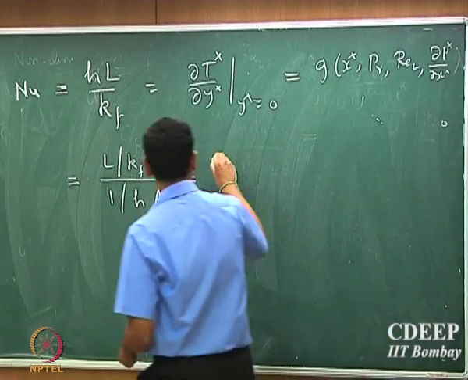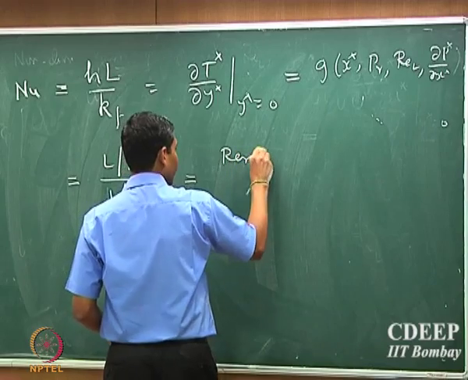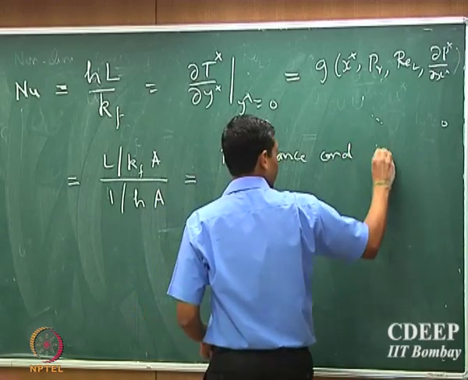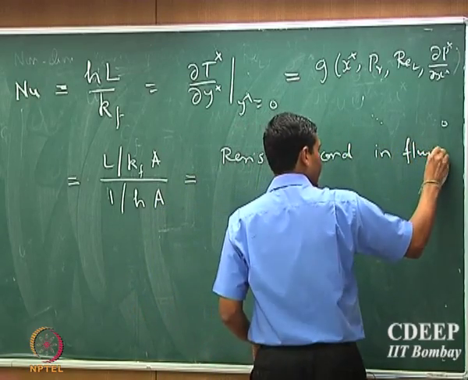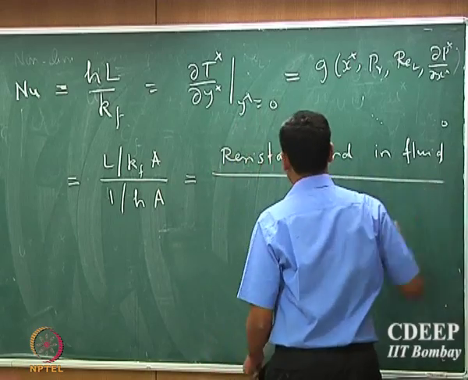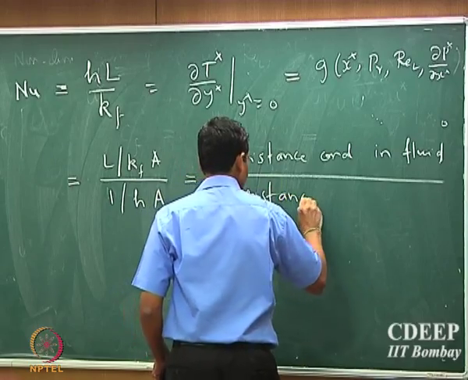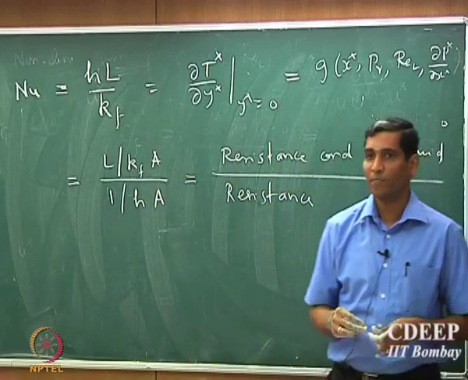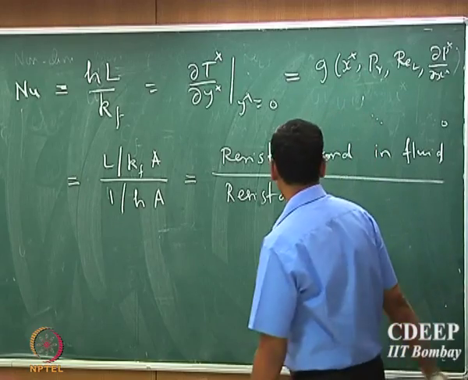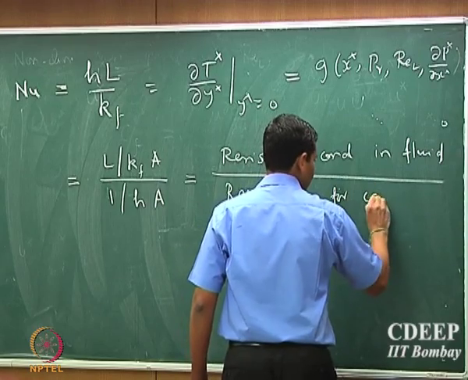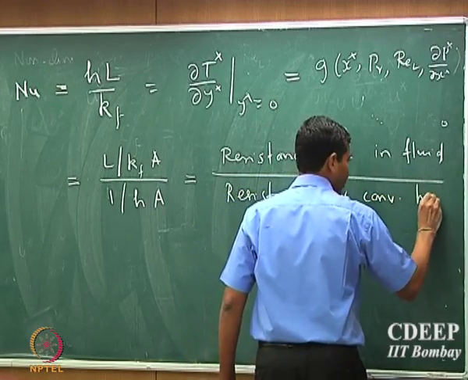So that is the resistance for conduction in the fluid divided by the resistance for, what is 1 by hA? It is the resistance for convective heat transport.